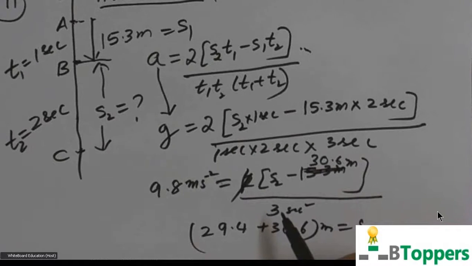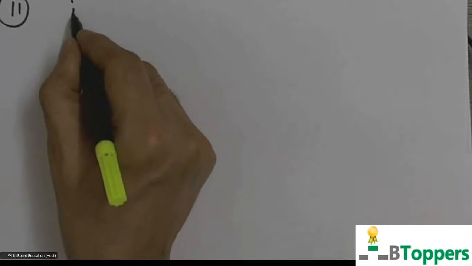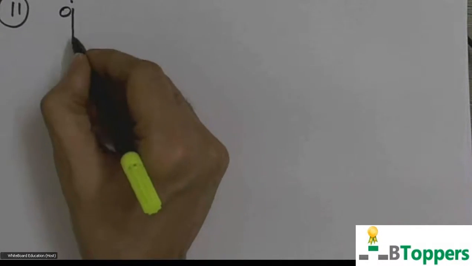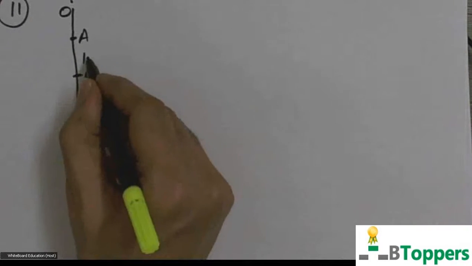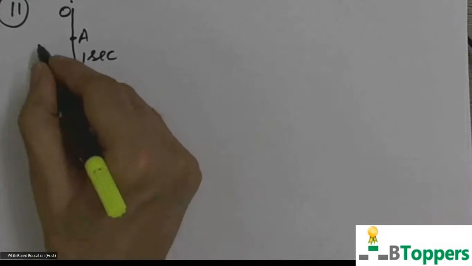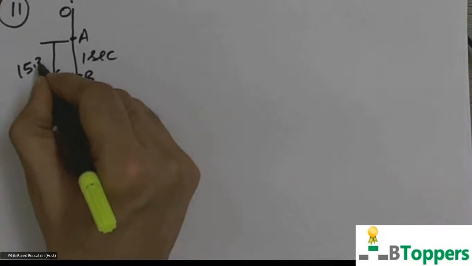in the intermediate public examination, board examination, in case you are given a similar problem. So again, next I am going to solve the same question here. The body starts falling from rest from the point O. Let the body travel from A to B during the particular second during which it covers a distance of 15.3 meters.